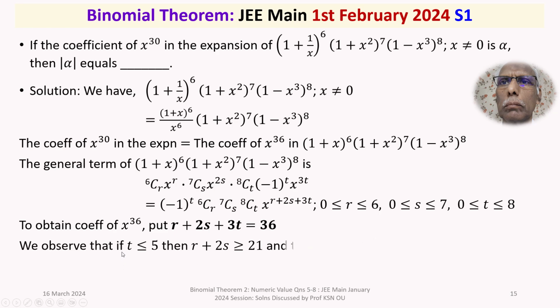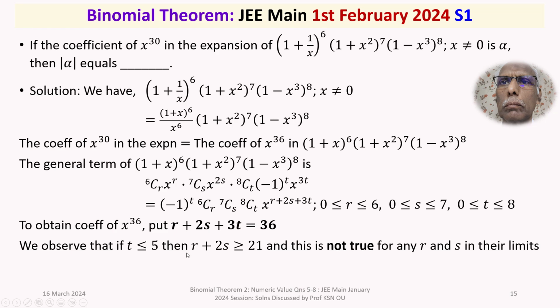So we observe. Now in this we make an observation. Suppose you take t less than or equal to 5. Then 3t is at most 15, and 36 minus 15 is 21. So r + 2s will be greater than or equal to 21. And this is not true for any r and s in their limits. R takes values 0 to 6 inclusive, s takes 0 to 7.